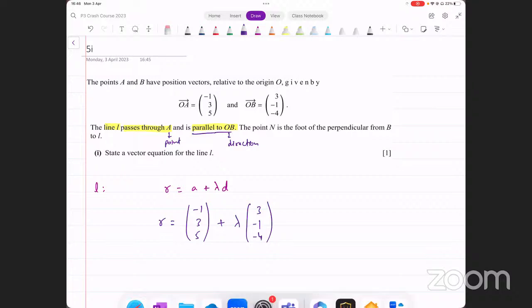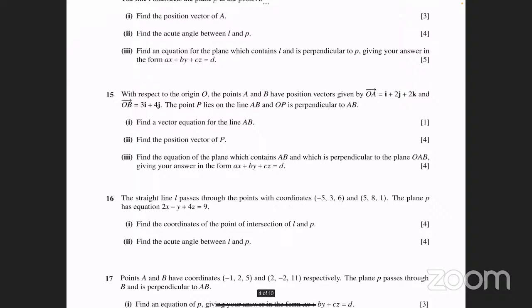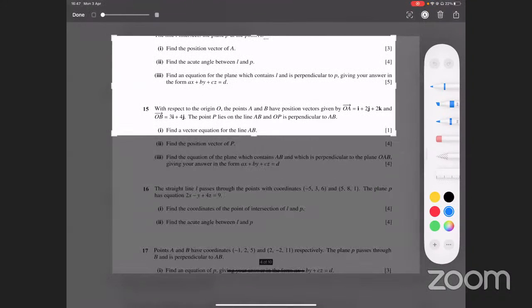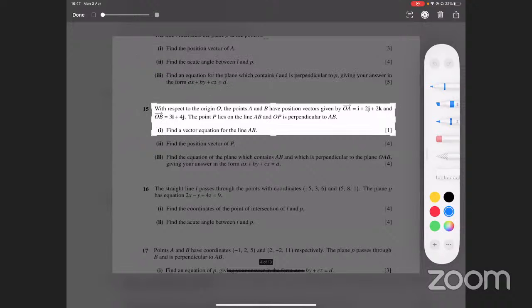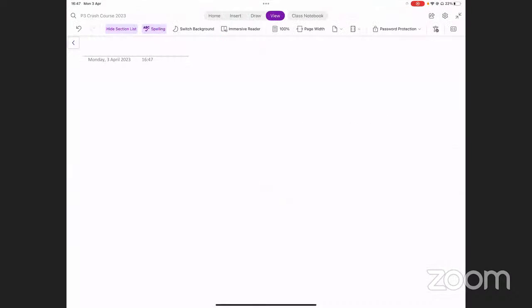Let's take another example. Again, just focus on the first part for now. This is another question, only first part of this. Question number 15 from the worksheet.